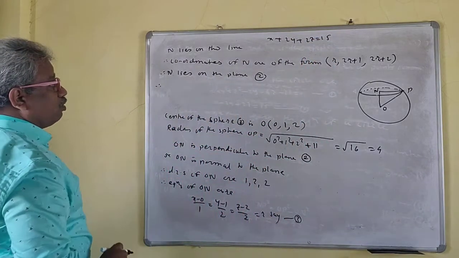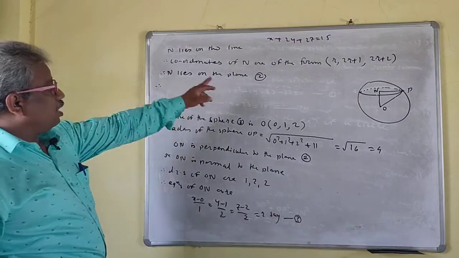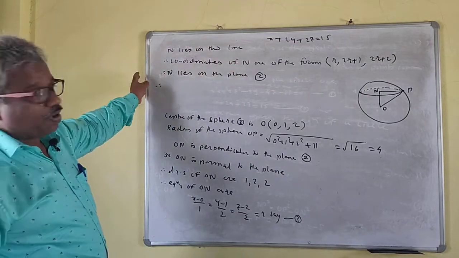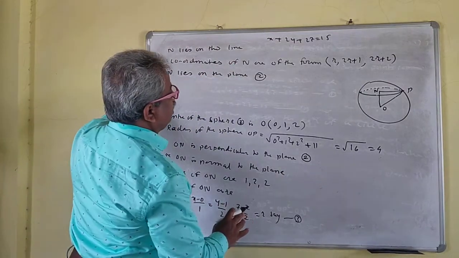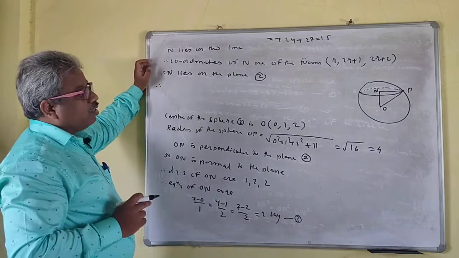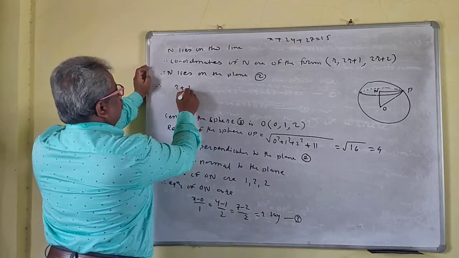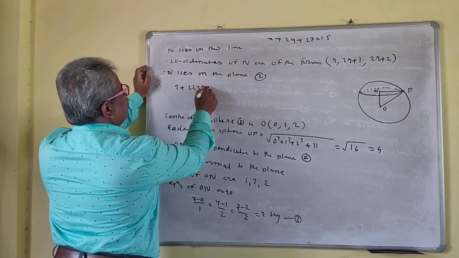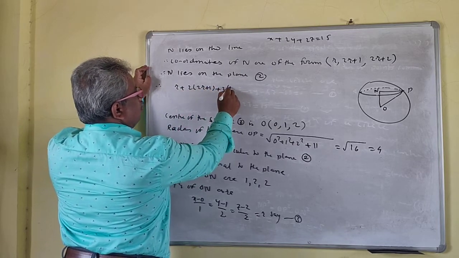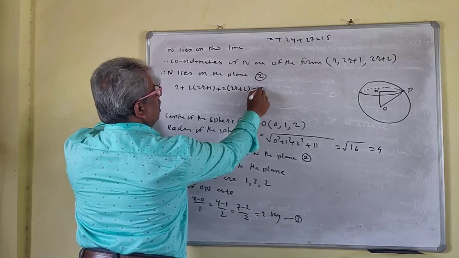Okay, so that was your plane. We'll put this N in this plane. We get a value of r, so that we get N, the center of the circle. So r plus 2 into twice r plus 1 plus 2 into twice r plus 2 is equal to 15.